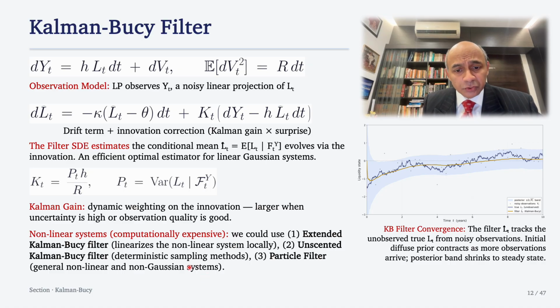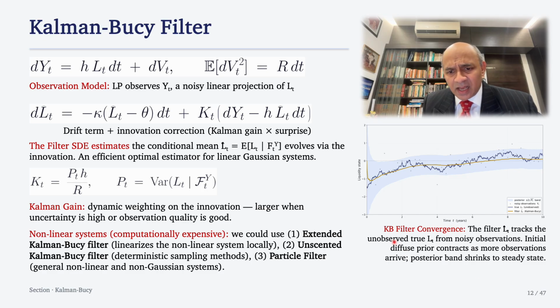We could also use the unscented Kalman-Bucy filter, which uses deterministic sampling methods. Another option is to use the particle filter, which is more general in terms of treating nonlinear and non-Gaussian systems.